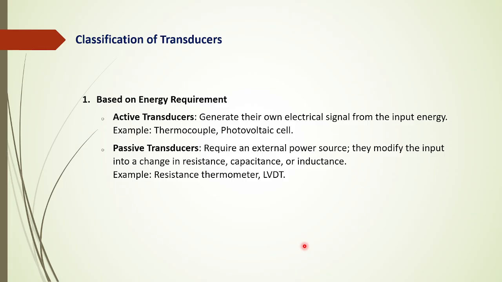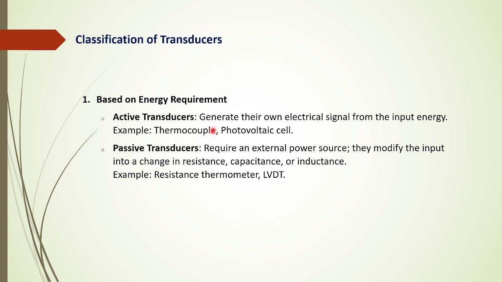Next, we go for classification of transducers. Initially, the classification based on energy requirement. The common types are the active transducer and the passive transducer. The active transducer can generate its own electrical signal and does not depend on an external source.